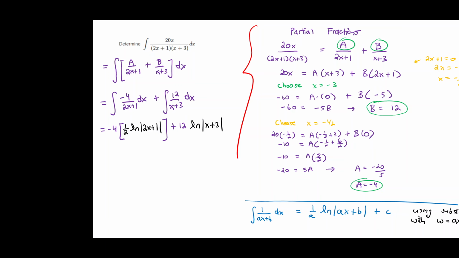The constant in front of the x is just a 1, so 1 over 1 in front, I don't really need to write that. And we can simplify the first term. We get negative 2 times the log and absolute value of 2x plus 1 plus 12 log and absolute value of x plus 3 plus c.